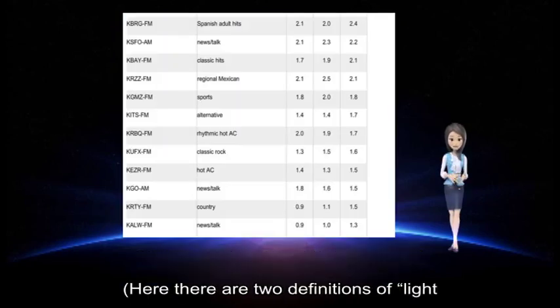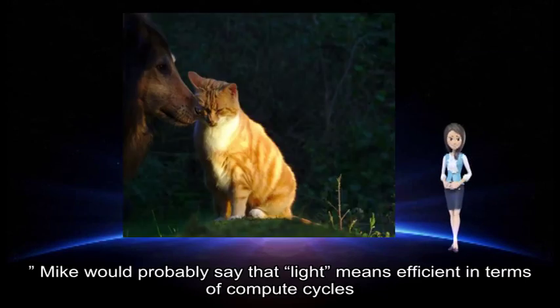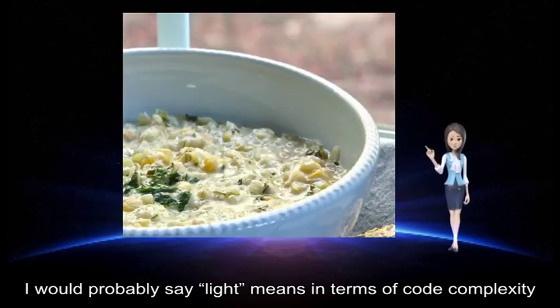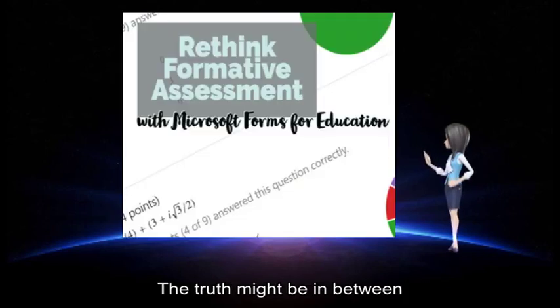Here there are two definitions of light. Mike would probably say that light means efficient in terms of compute cycles. I would probably say light means in terms of code complexity. They are obviously related, connected. The truth might be in between.